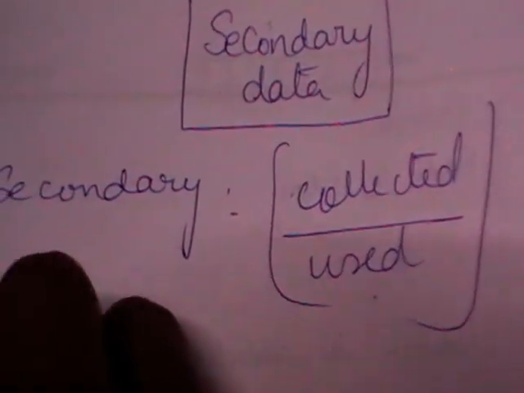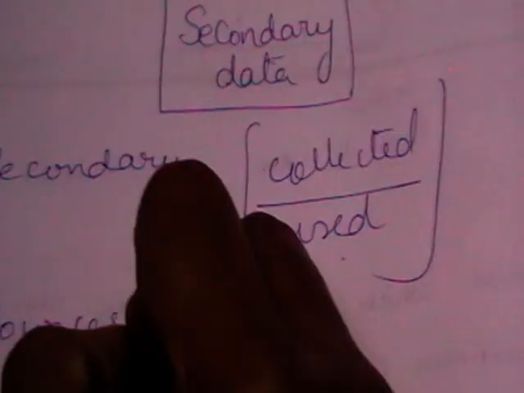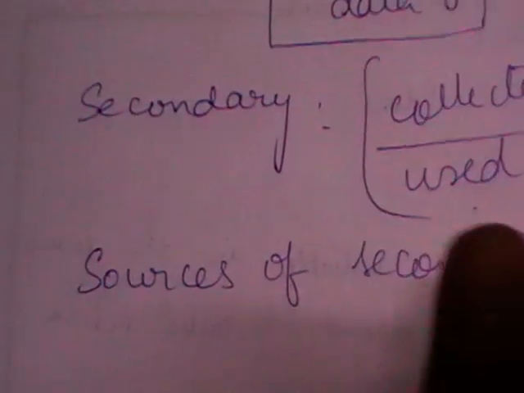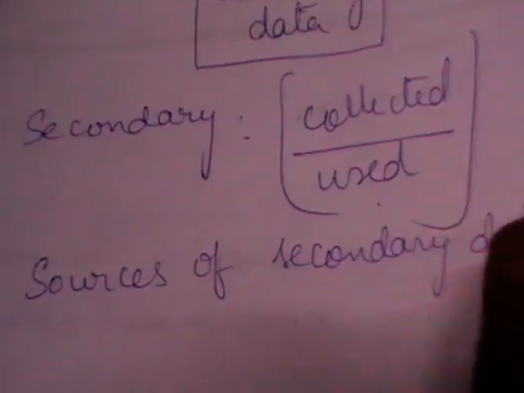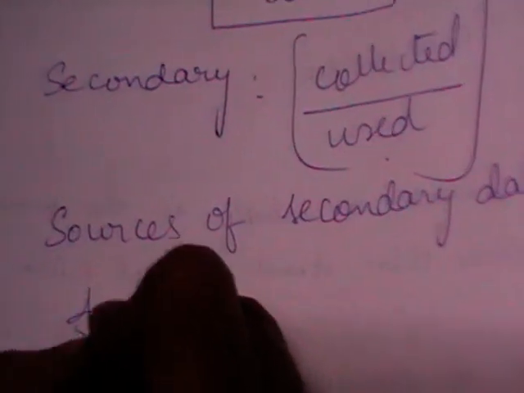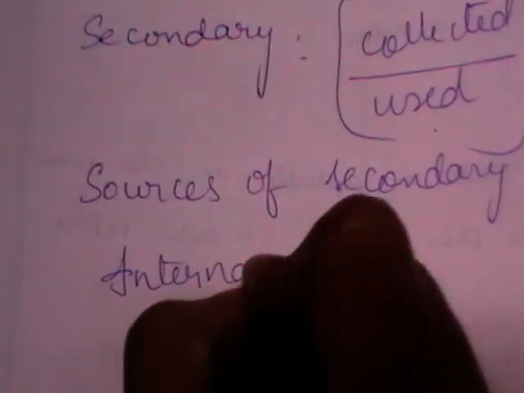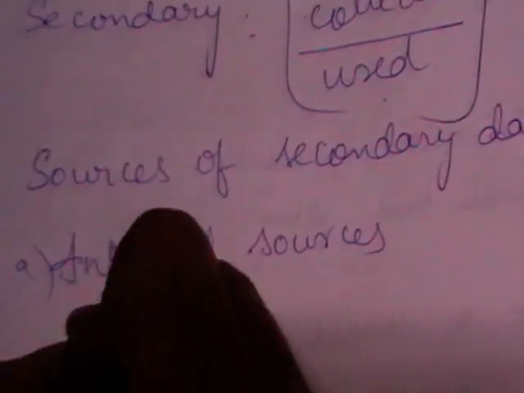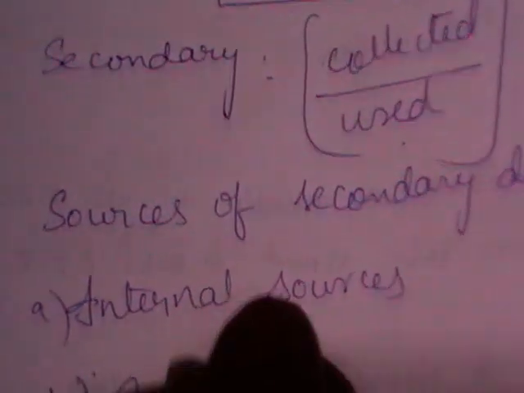What are the sources of such secondary data? The sources are internal sources of data, which is the first category, and external sources of data.